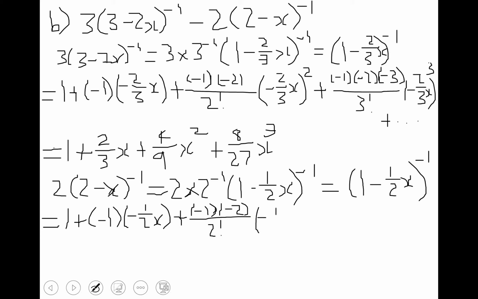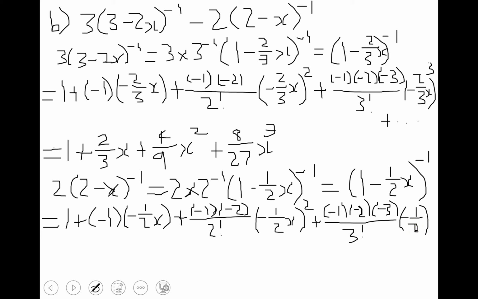The difference is our x is different, so what we square and cube is different. So plus minus 1 times minus 2 times minus 3 over 3 factorial, times (minus half x) cubed plus dot dot dot.